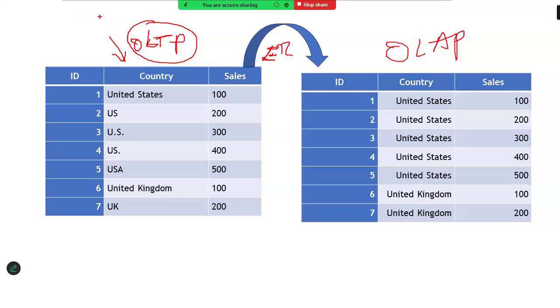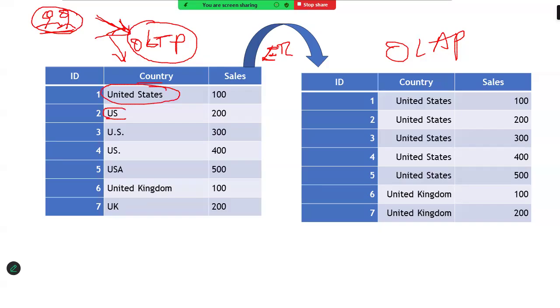Generally, OLTPs will get the data from different people and different places. Take an example, the Amazon website. In the Amazon website, hundreds of customers will place orders. Let's say I ask my customers to write their country name. One customer writes the country name like United States.